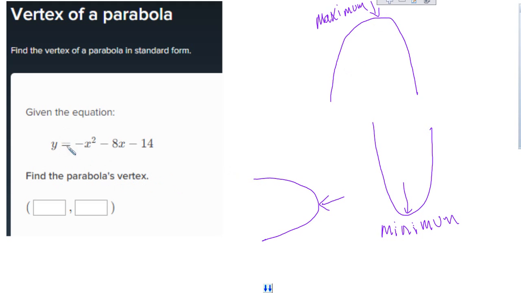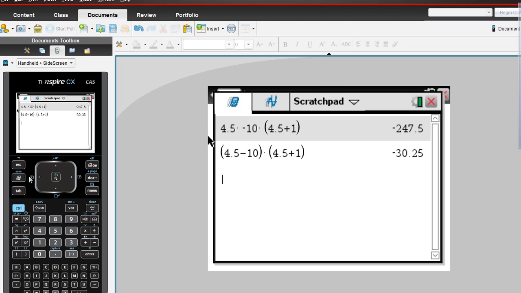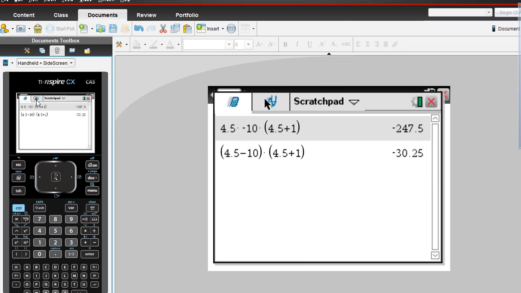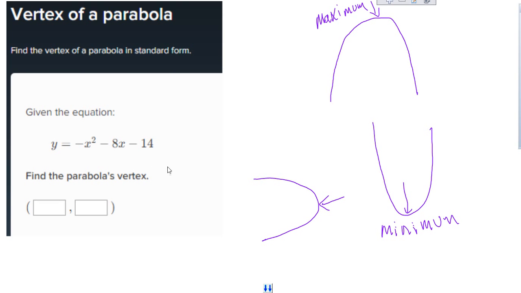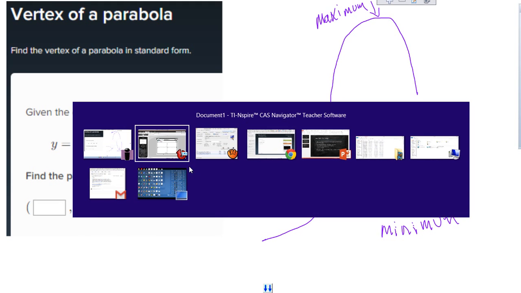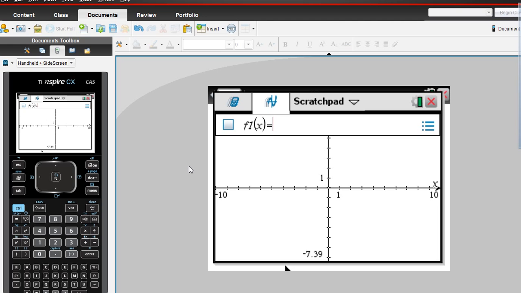So the easiest way to do that is to use the graphing calculator. We're encouraged to do that. So let's go ahead and get our calculator out here. Let me go to my scratch pad. Now, it says, given this equation, y equals negative x squared minus 8x minus 14. So I just need to know that this part here could be y.